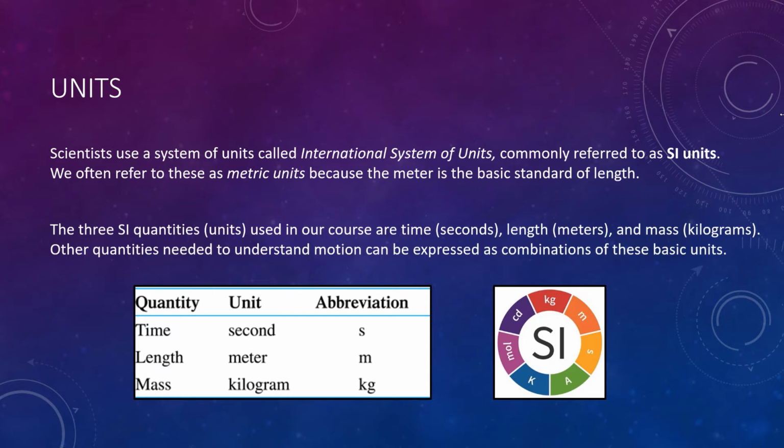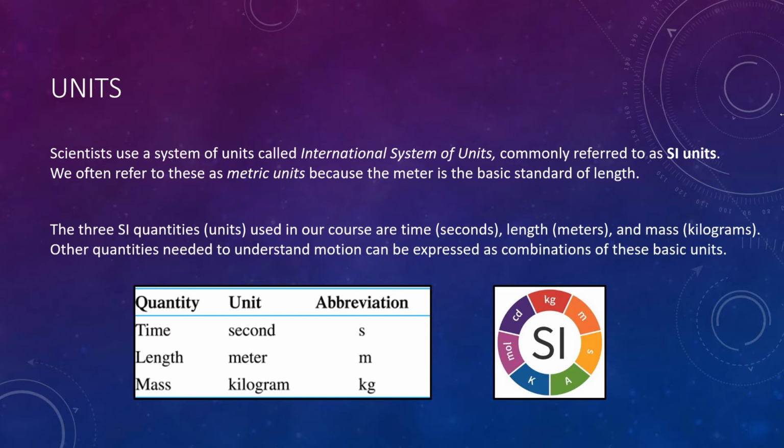Now, of course, there are more units than just those of time, length, and mass. These are just the ones that we'll see in our class. So on the right, I threw in an image that shows some of the other SI units. Some others include the ampere, which is the base unit for electric current, the Kelvin, which is the base unit for thermodynamic temperature, the mole, which is a base quantity for the amount of substance.